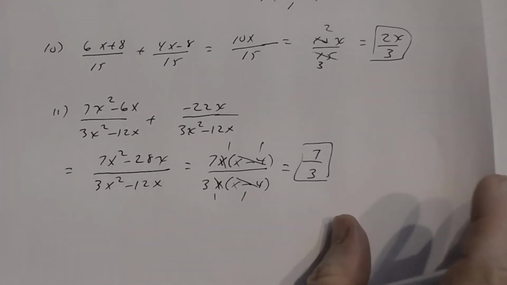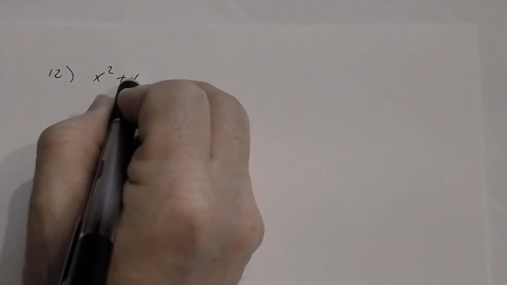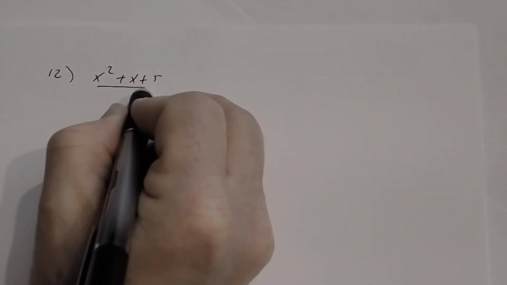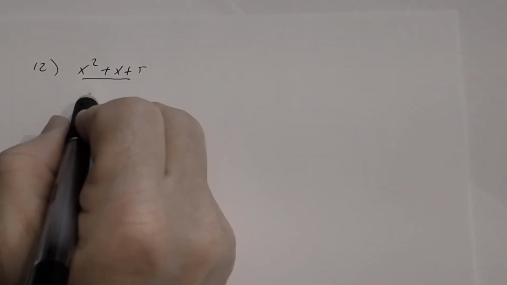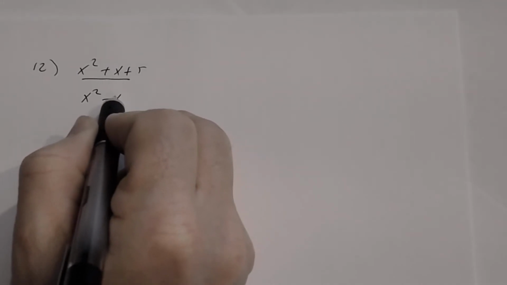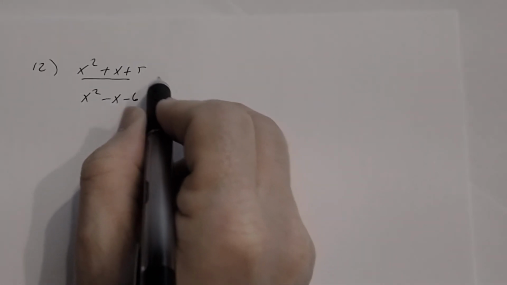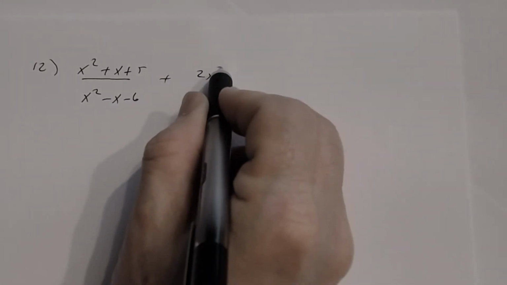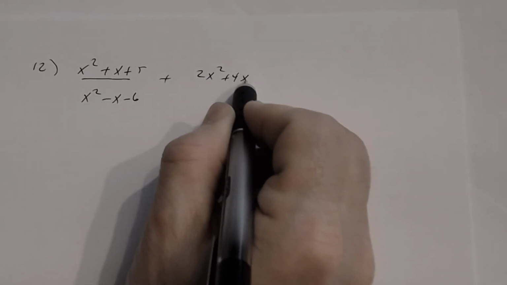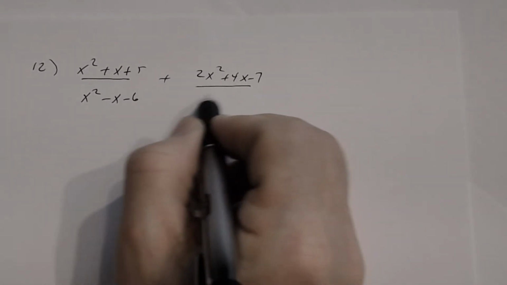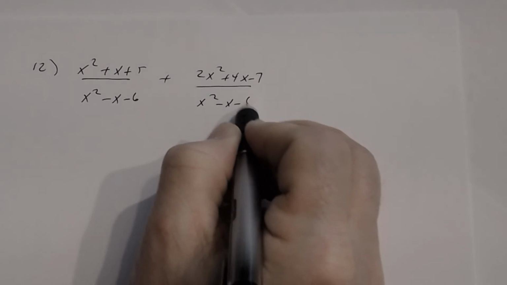All right, let's look at number 12. Number 12, we have x squared plus x plus 5 divided by x squared minus x minus 6 plus 2x squared plus 4x minus 7 divided by x squared minus x minus 6.